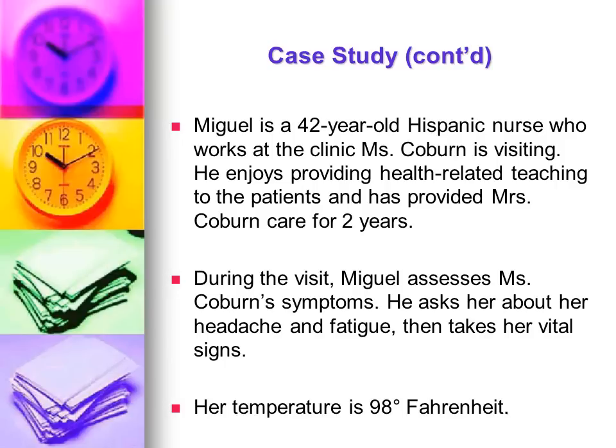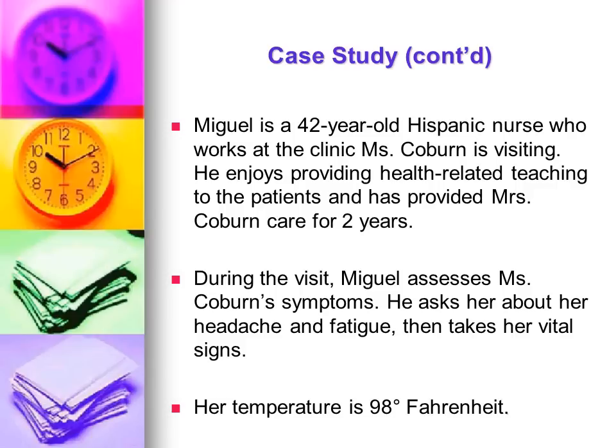Let's go back to another case study. Miguel is a 42-year-old Hispanic nurse who works at the clinic. Ms. Colburn is visiting. He enjoys providing health-related teaching to the patients and has provided Ms. Colburn's care for 2 years. So during the visit, Miguel assesses Ms. Colburn's symptoms.